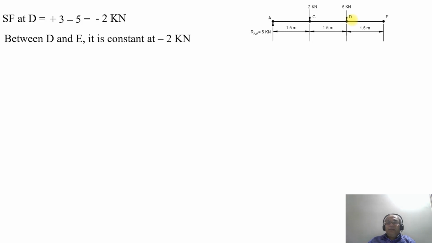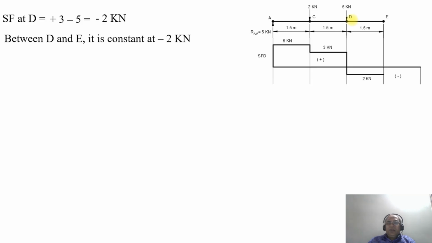So when you are considering the point load, it drops from plus 3 kilonewton to minus 2 kilonewton. Then between D and E, it remains constant at minus 2 kilonewton.